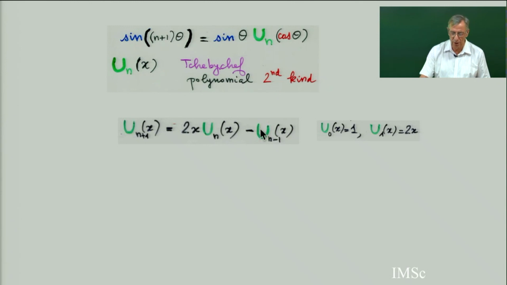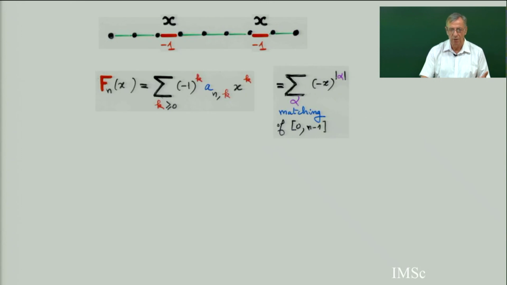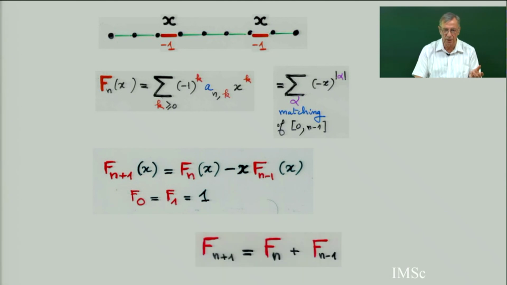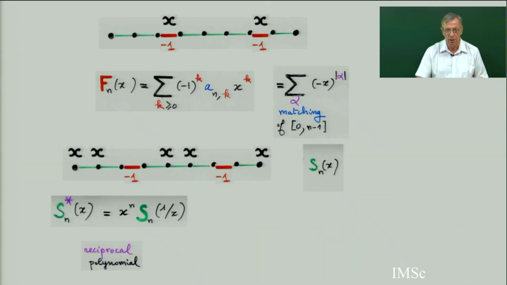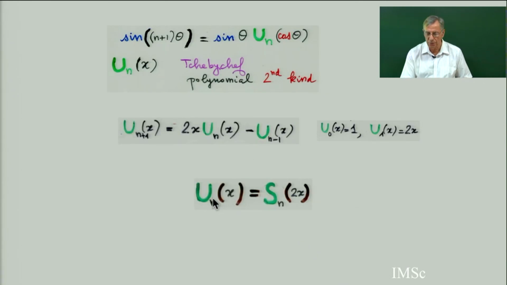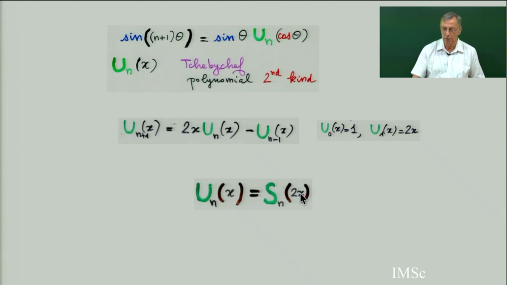But from the three-term recurrence of the Fibonacci polynomial, and from the relation between the reciprocal polynomial and Fibonacci, you can easily deduce this relation that the Chebyshev is equal to the matching Sn replacing x by 2x.